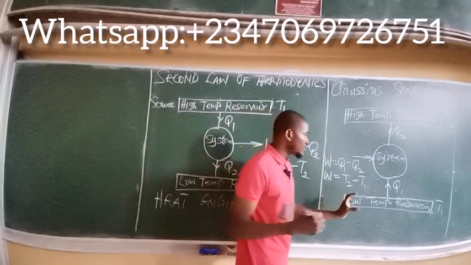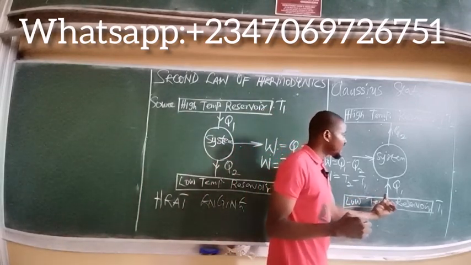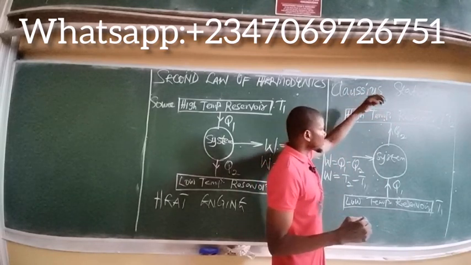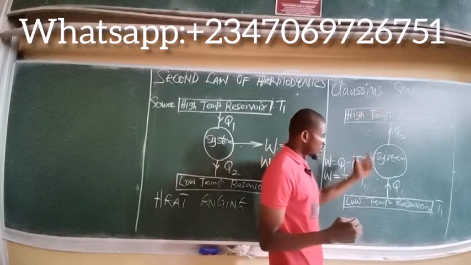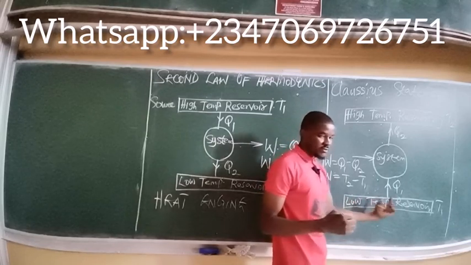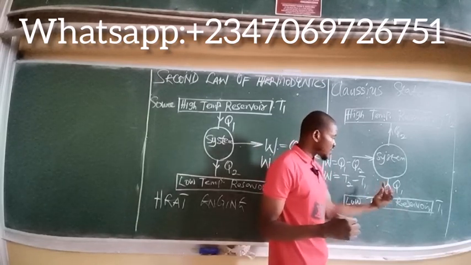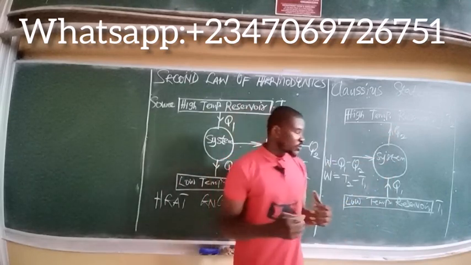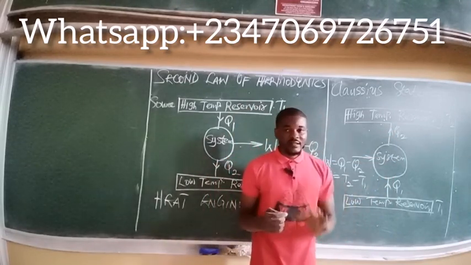So as can be seen here now, this is actually a reversed heat engine. Instead of heat coming down from the high temperature reservoir to the low temperature reservoir, we now experience that heat is actually moving from the low temperature reservoir up to the high temperature reservoir. So it is called a reversed heat engine.